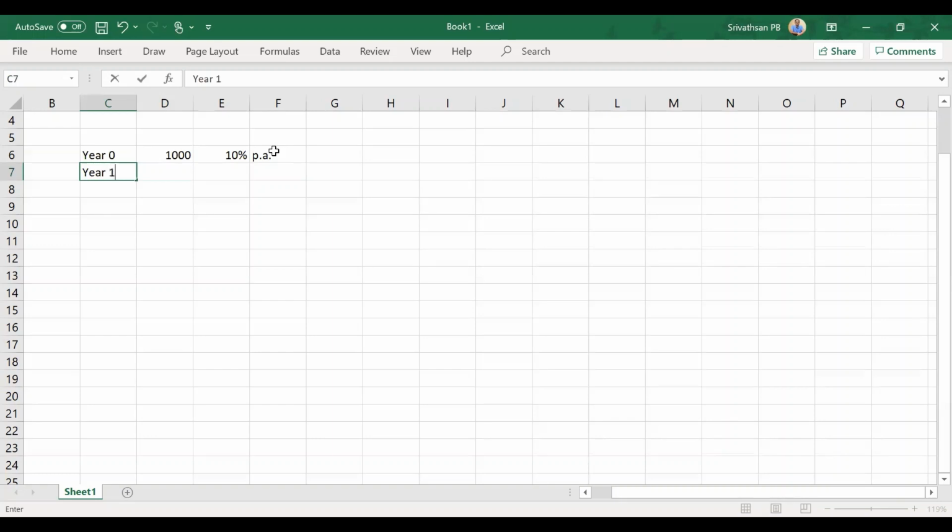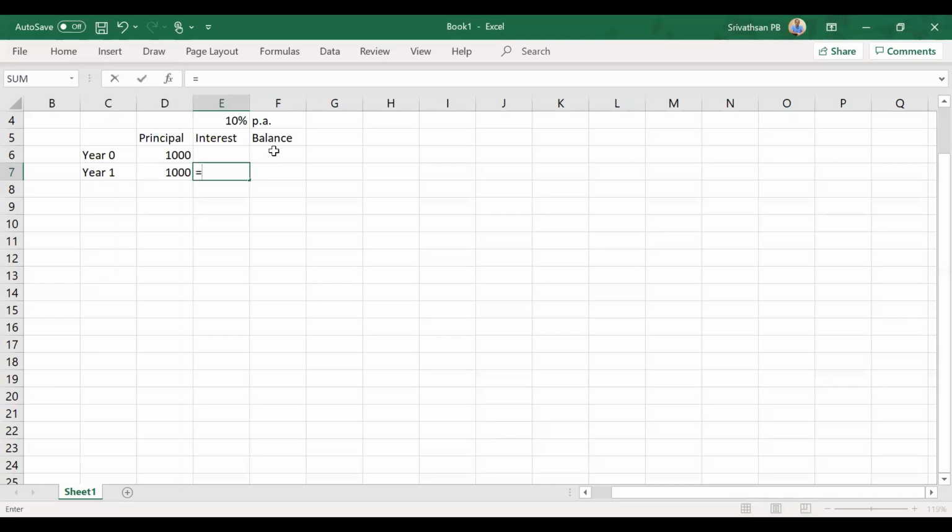So year one, what will be the principal? At the end of 1 year, principal continues to be at 1,000.